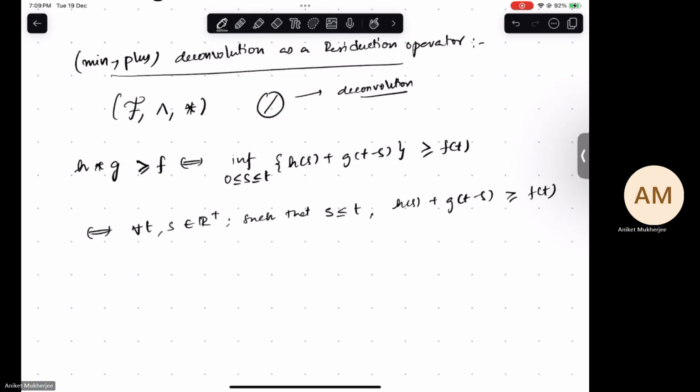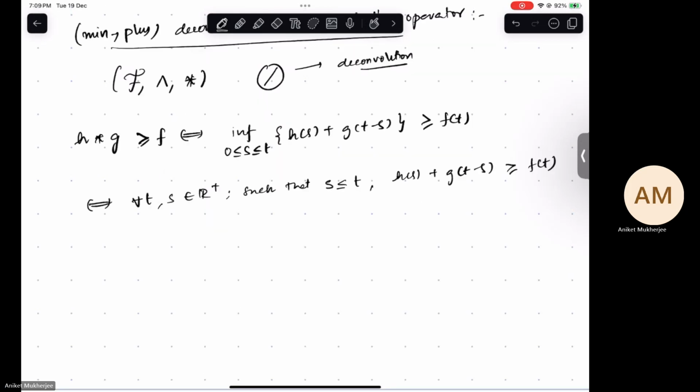So every S is greater. If there was an S which was not greater than F(T), then that would be the minimum and the first equation wouldn't be satisfied. So infimum greater than something implies all the points in the set are greater than that point.